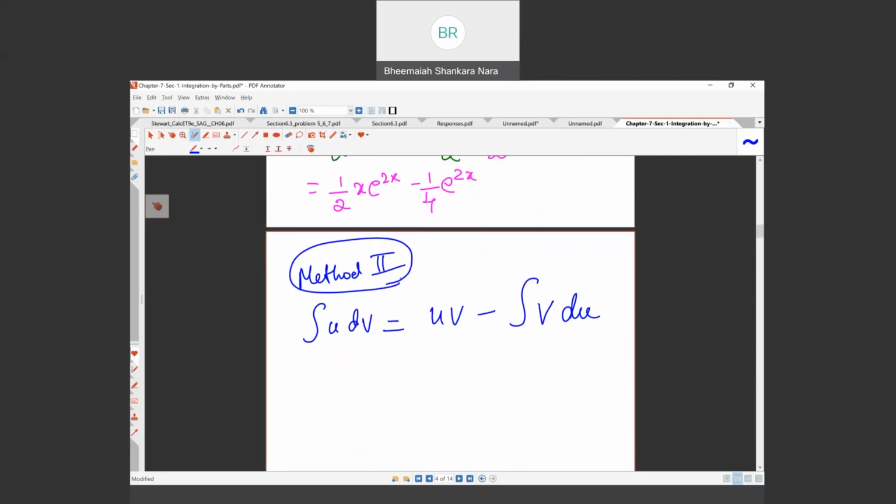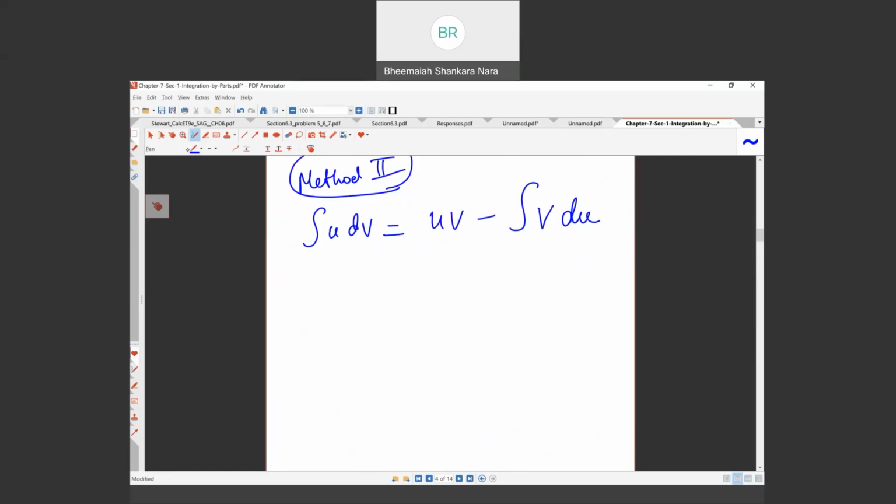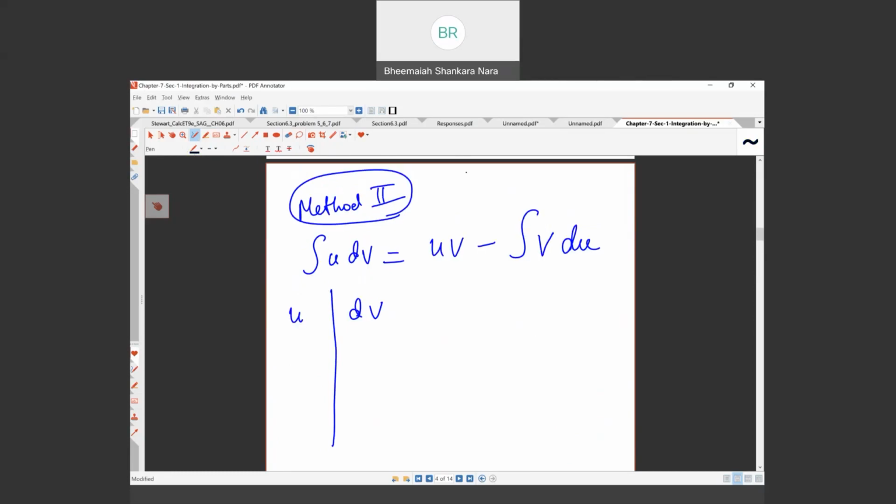So in this method 2, the udv rule, we have to identify u and dv carefully. So let me make columns for this. Here is the problem. The integral of x e to the 2x dx. We are trying to evaluate this integral.